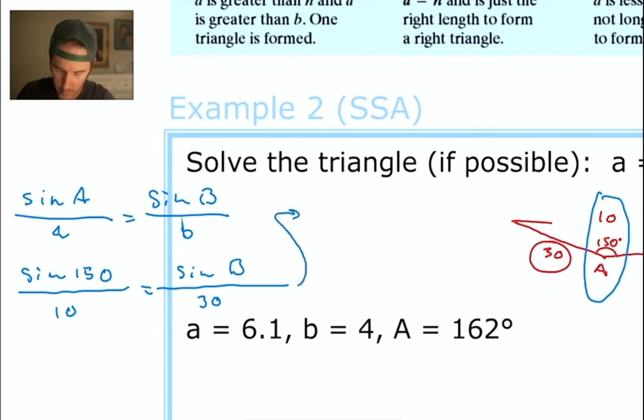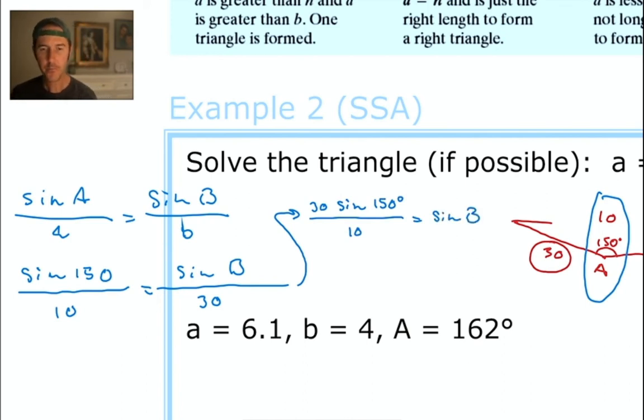So I'm coming up here. Multiplying both sides by 30 gives me 30 sine 150 degrees divided by 10 equals sine B. And finally, using paper and pencil, in order to isolate our B value on the right-hand side, we need to take the inverse sine of both sides of the equation.